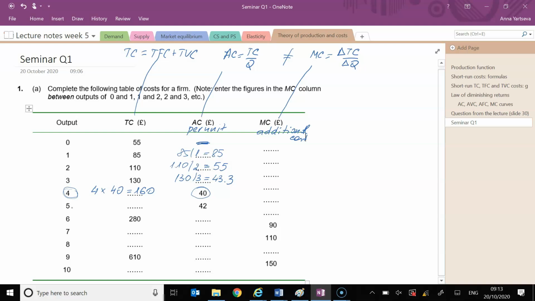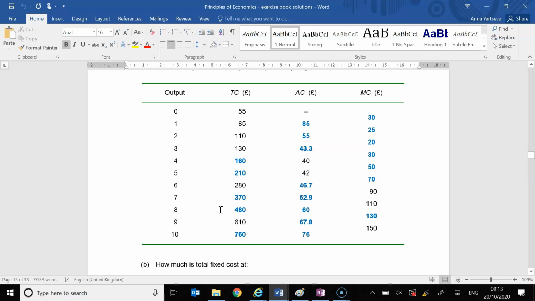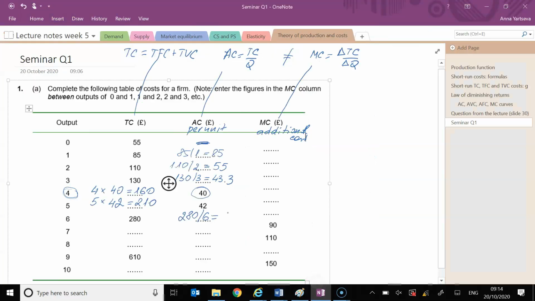Next one, similar question. When we produce 5 units of output, it costs us 42 pounds per each unit. So in total, our overall total expenditure will be 5 times 42, which is 210. 6 units of output, total cost is 280, which means that the average cost will be 280 divided by 6, which is equal to 46.7.